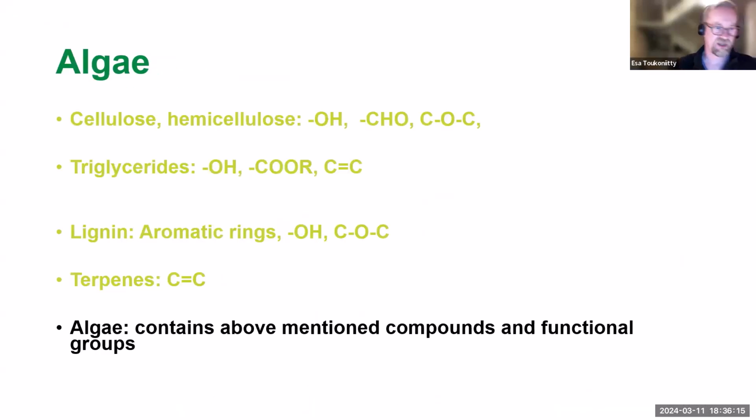I had a slide there that mentioned the functional groups, and if you take a look at these different biomass components, the cellulose and hemicellulose are made out of sugars or carbohydrates.